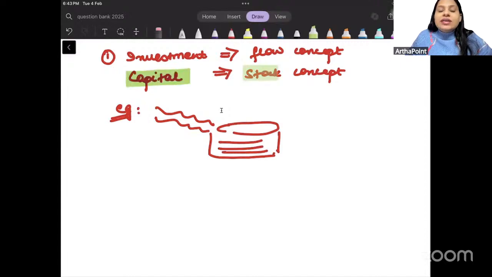It is the value of all buildings, all machines, all investment, जो भी building है, जो भी machine है, जो भी investment है, but it is at a point of time.